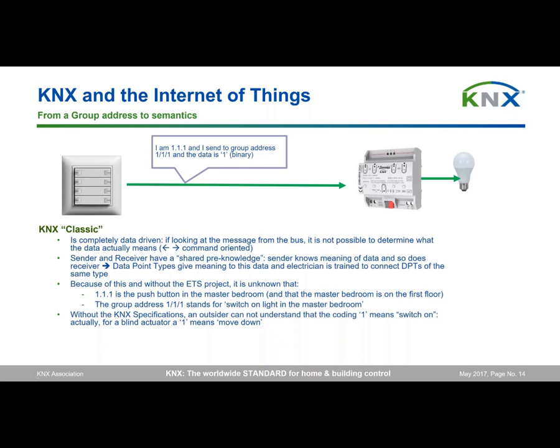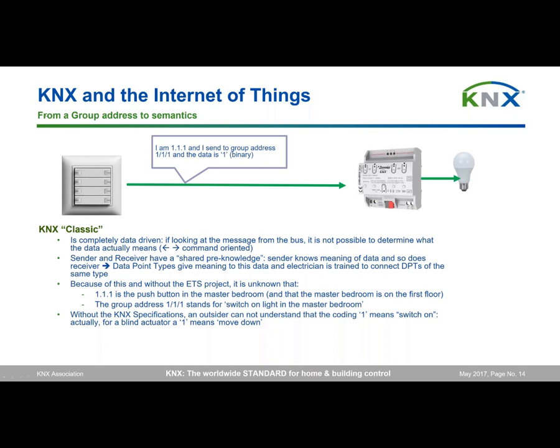So you can see it like this: the sender and the receiver have a shared pre-knowledge. The sender knows the meaning of the data, and so does the receiver. The so-called data point types that are specified in the product data of the different products give meaning to this data, and the electrician is trained to connect data point types of the same type.